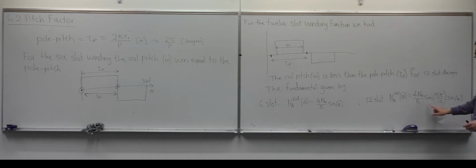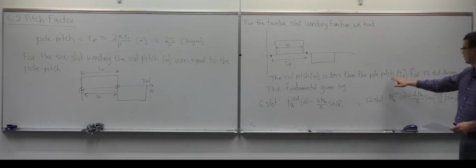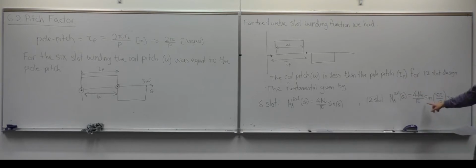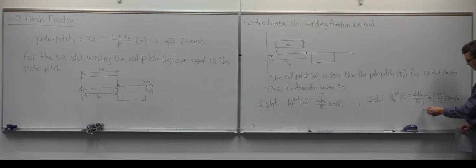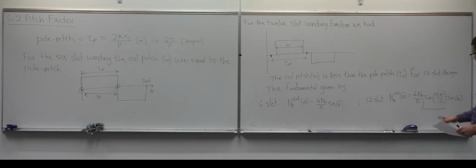So the effect of having the coil pitch being less than the pole pitch is that the magnitude of the fundamental is less, and we saw that. We got a slightly smaller fundamental term, I think it was 9.96. But we also got lower harmonics, which is a good thing.